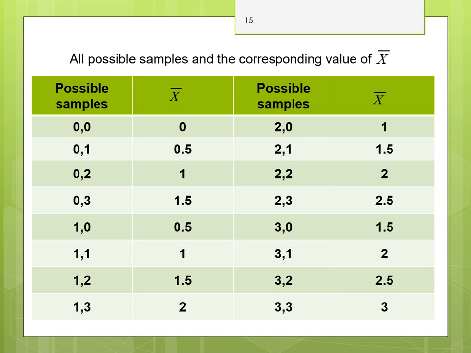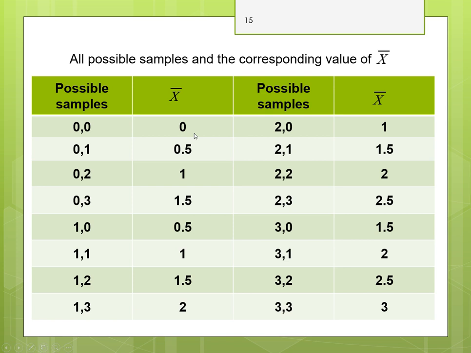So what is the probability of X bar? What is the probability for each number of X bar? We can find that totally we have 16 possible samples, but in all of these 16 possible samples, there will be only one number of 0 of X bar, right?